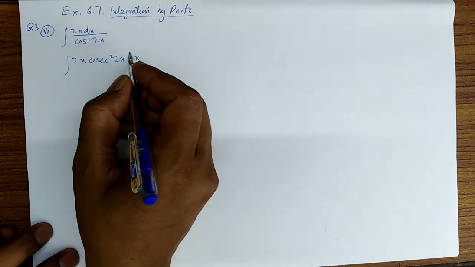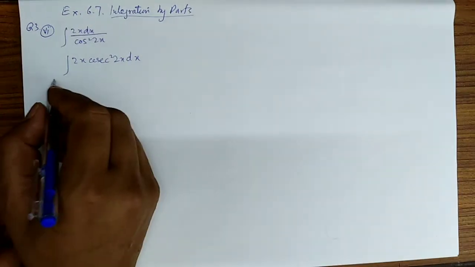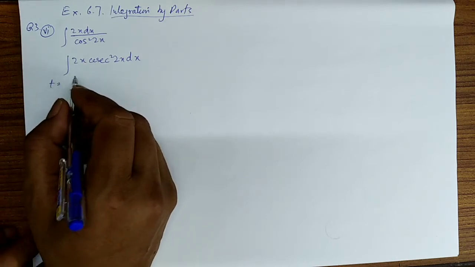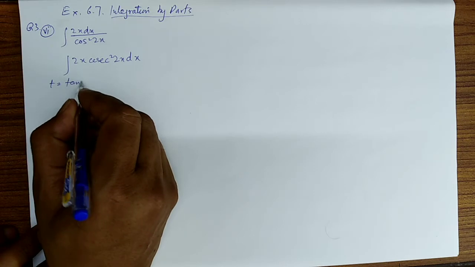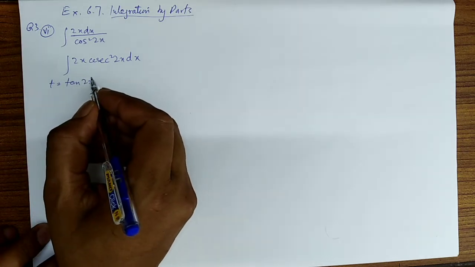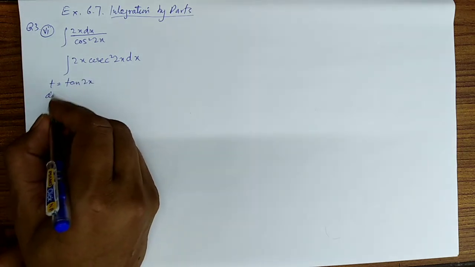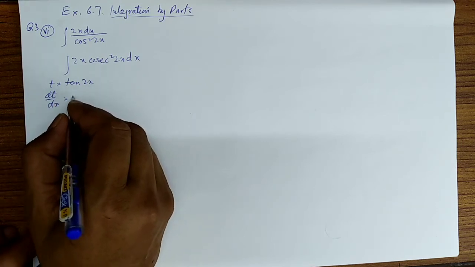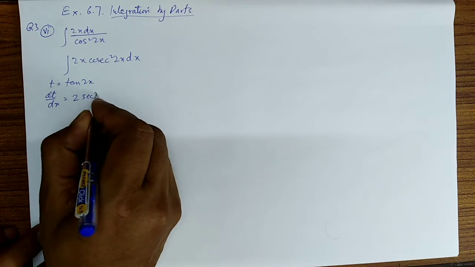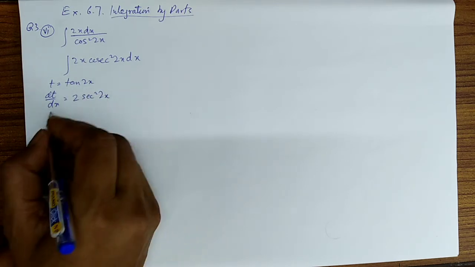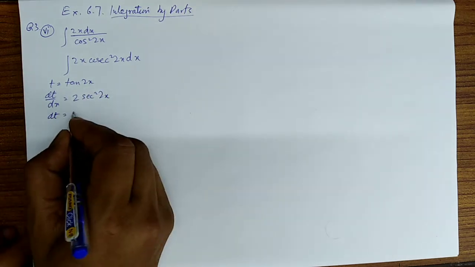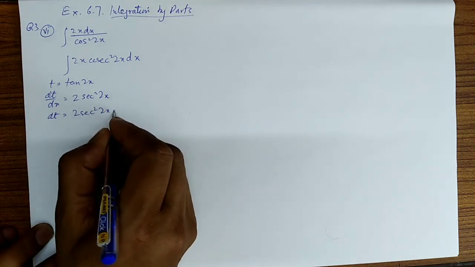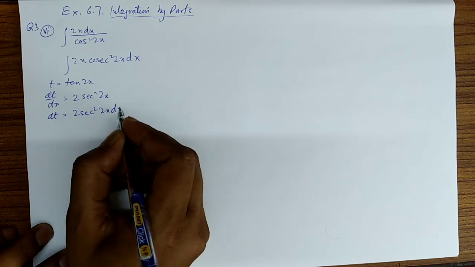dx. Now let's suppose that t equals tan of 2x, and taking the derivative of this gives us dt equals 2 sec square 2x dx, right?